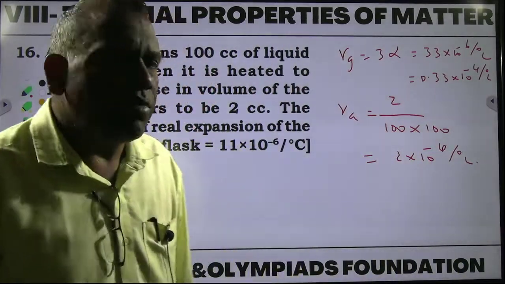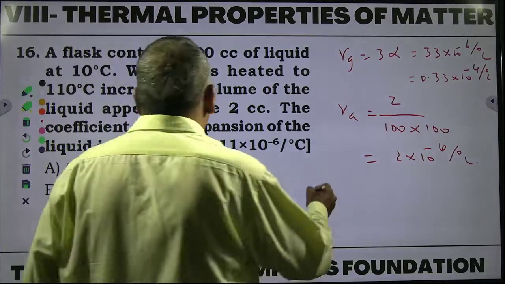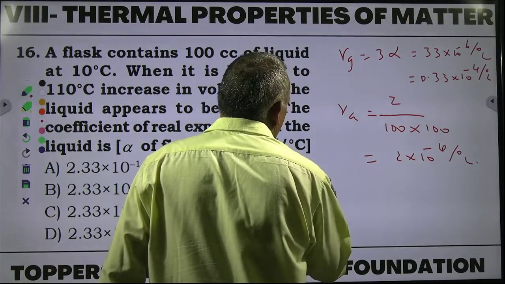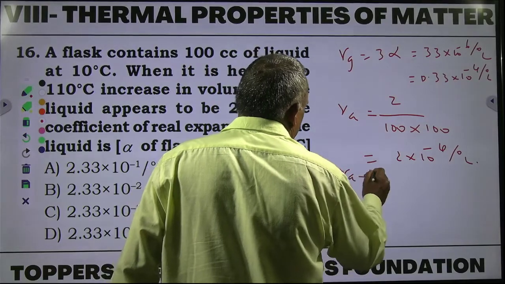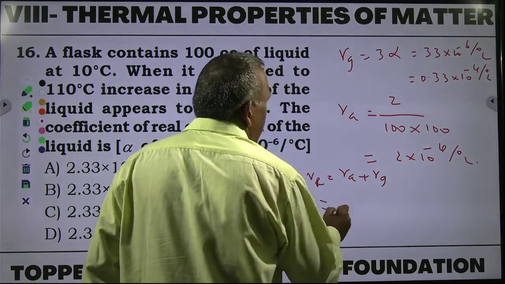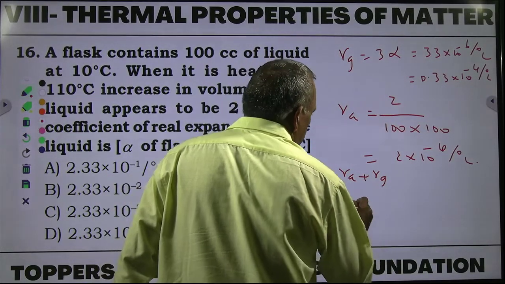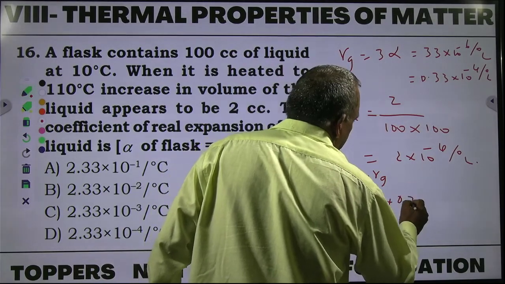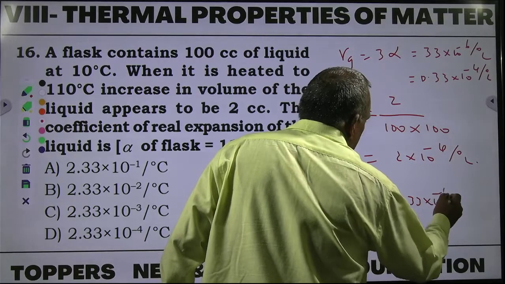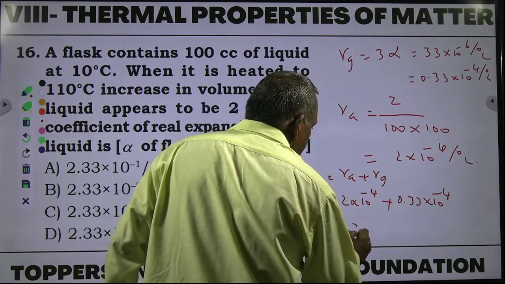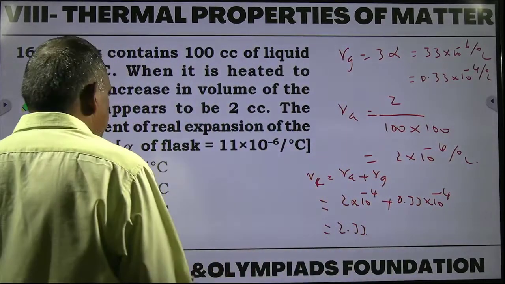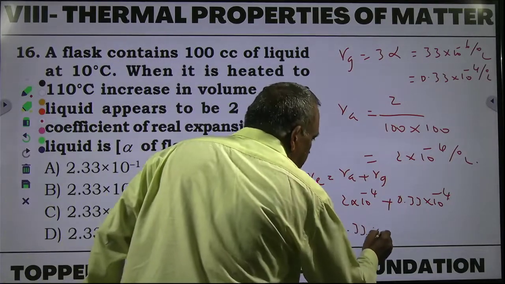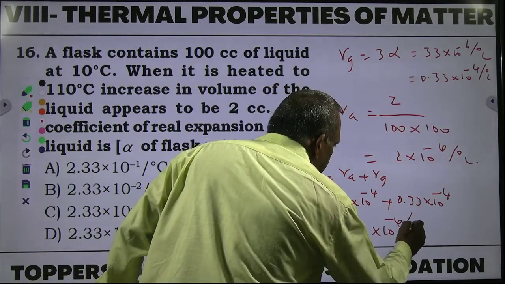So you know the gamma A value and gamma G, then gamma R is equal to gamma A plus gamma G. That is 2 into 10 power minus 4 plus 0.33 into 10 power minus 4. So that becomes 2.33 into 10 power minus 4 per degree centigrade.